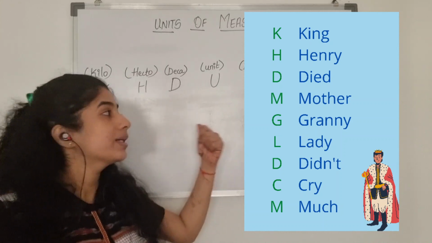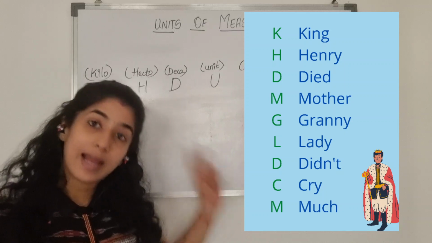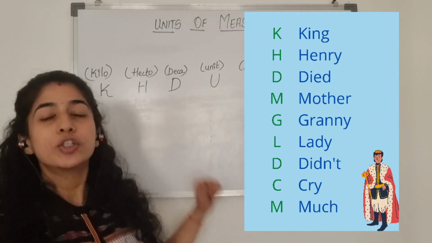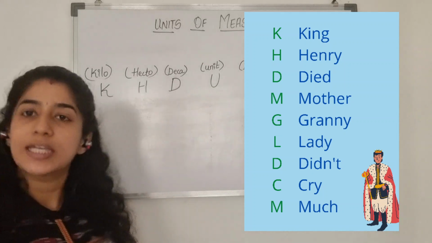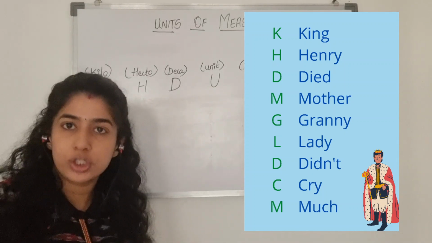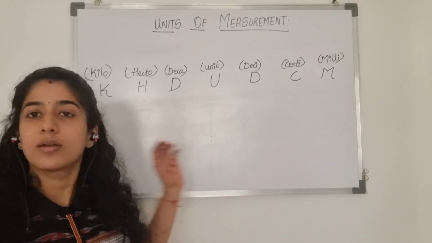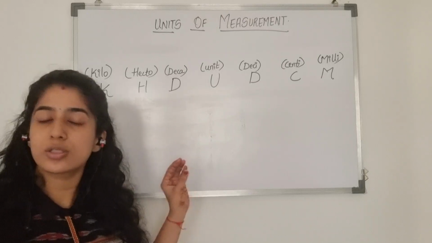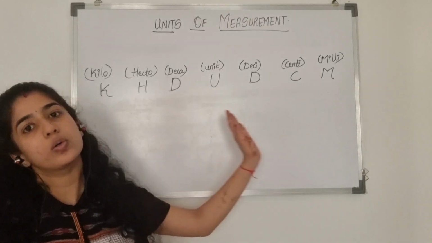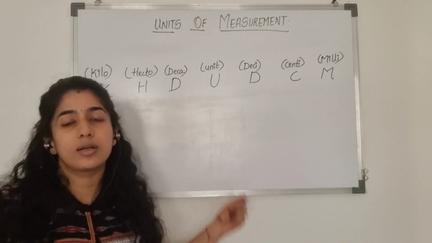And after mother, granny, lady, didn't for deci, cry for centi, much for milli. So the statement goes like, King Henry died, mother, granny, lady didn't cry much. So you just have to remember this statement. This is just a small trick with the help of which you will be able to remember the whole sequence properly without missing any single letter.